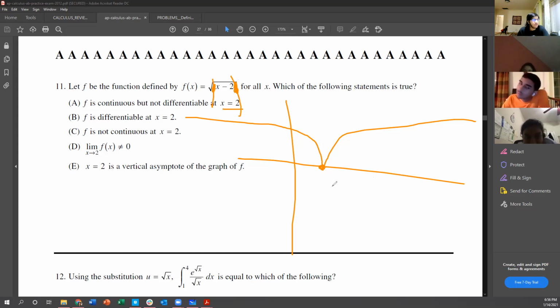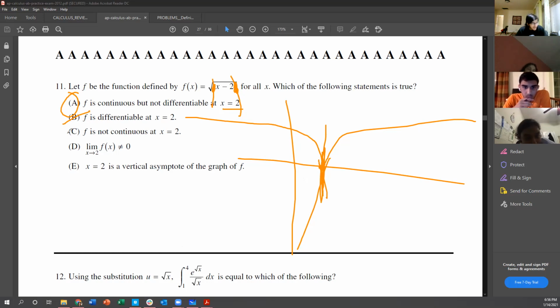But is it differentiable? I don't think it would be differentiable because your derivative here and your derivative here are approaching from two different sides. The derivative would actually be a vertical asymptote, I think. So I think A is the correct answer. It's definitely not differentiable at x equals 2.